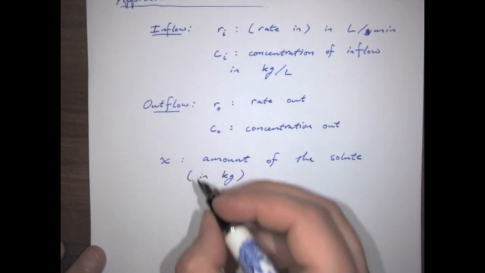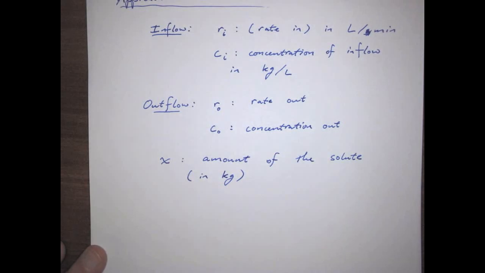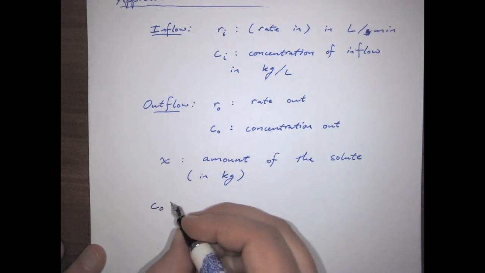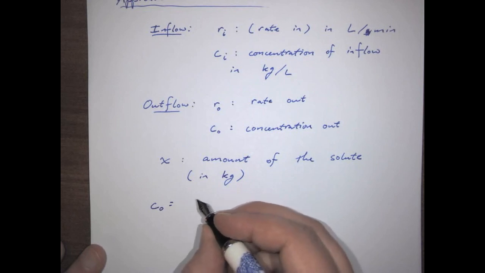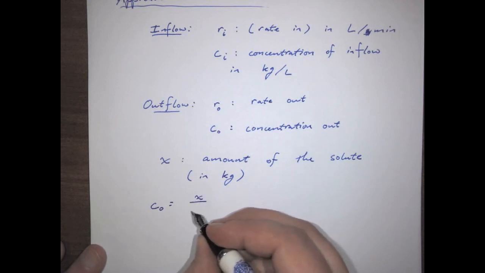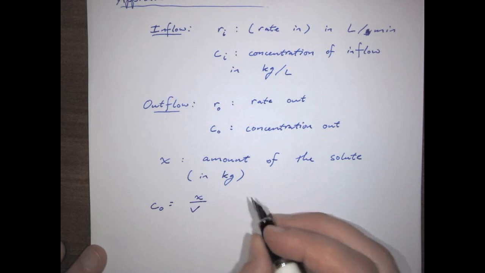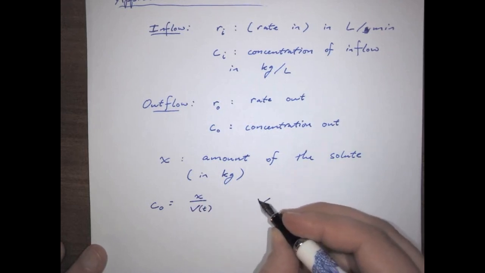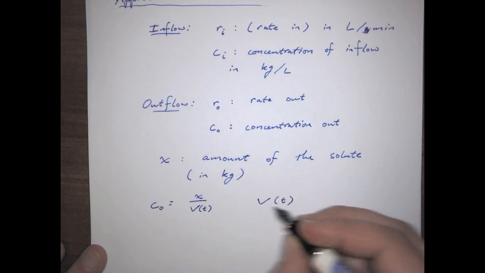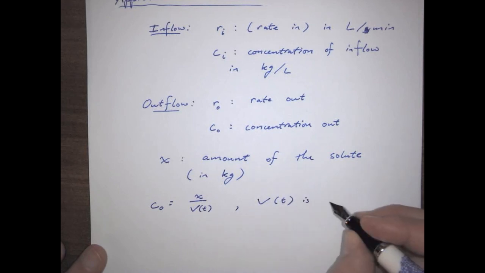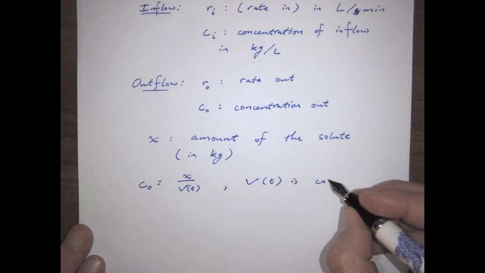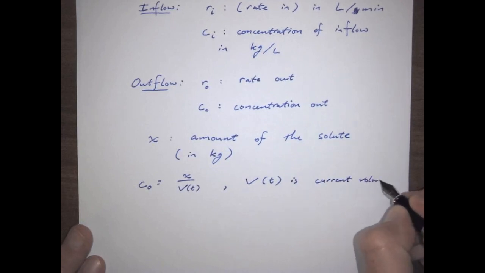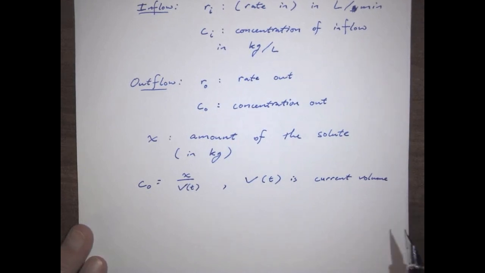Then this is a function of T. Then concentration out is going to then be X divided by V of T, where V of T is the current volume.